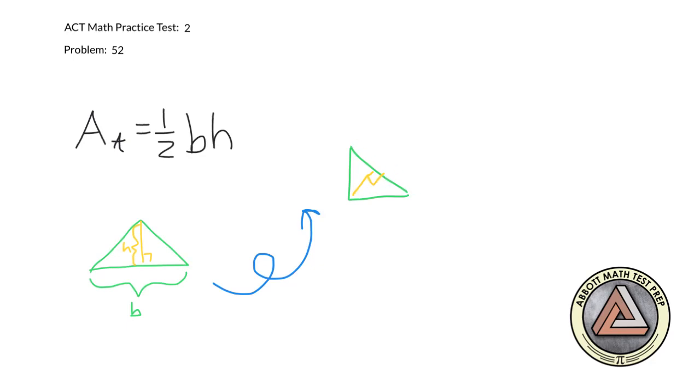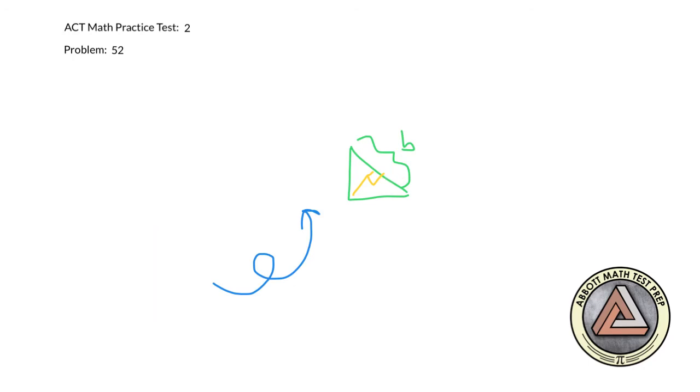And the base would be the side length right here. So it's conceivable that you could do that, and it wouldn't change the area. It wouldn't even change the area formula. You could still do 1/2 base times height, and then you'd have the area of this triangle, okay? So it's good to be mentally flexible when it comes to this base and height situation.